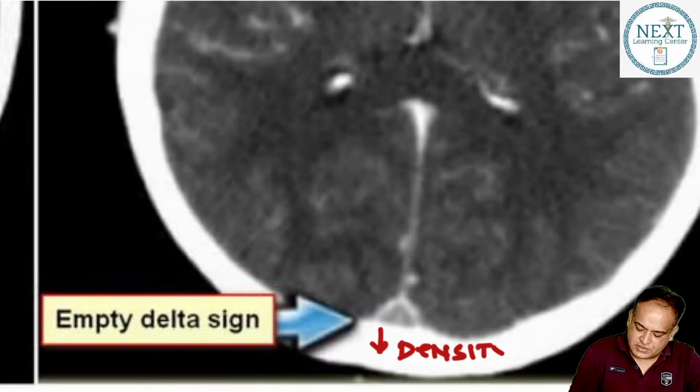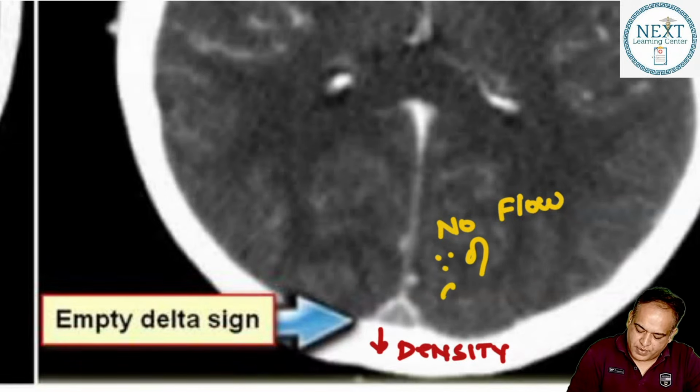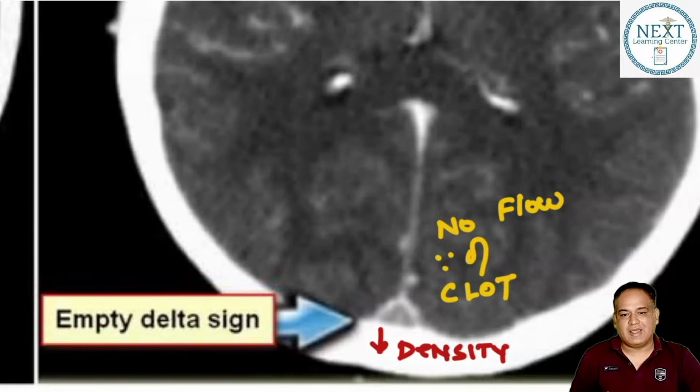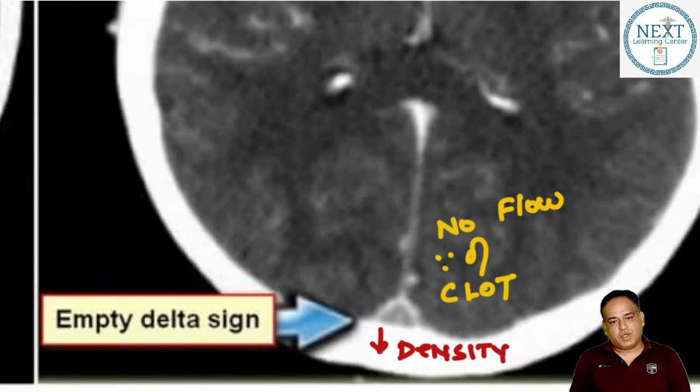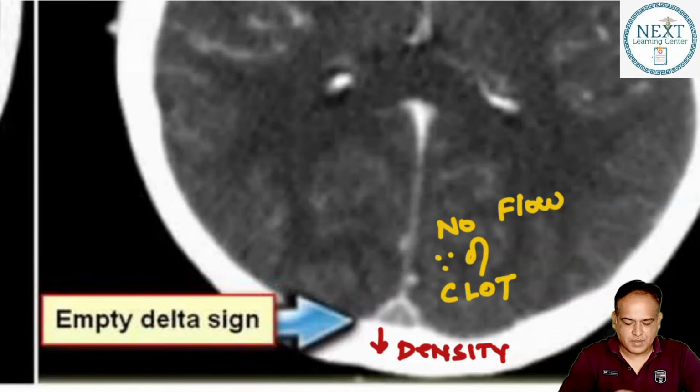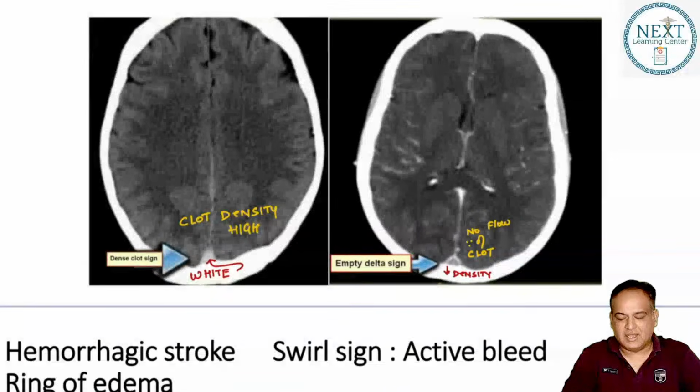Why will you see decreased density? Because there is absolutely no flow because of the clot. So empty delta sign, and dense clot sign.